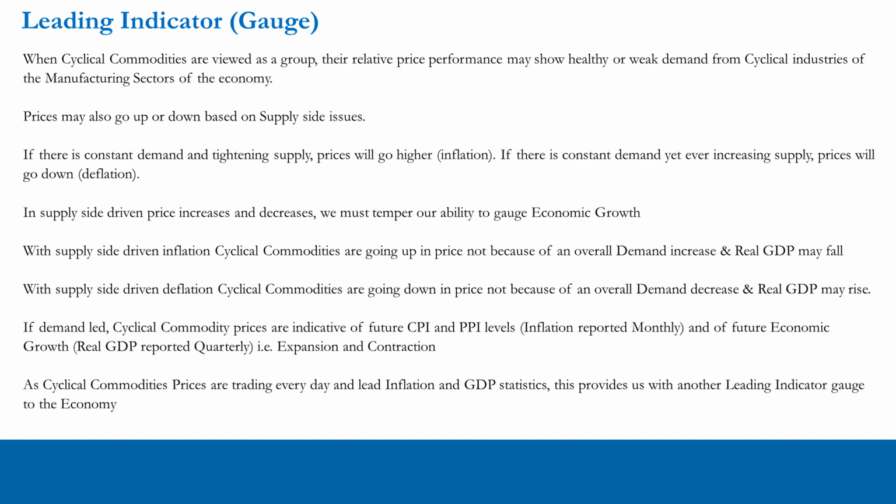So if at any one moment in time, we determine that a cyclical commodity price move is much more down to demand factors than supply factors, then it has a direct read across to economic growth and, of course, inflation. And also, because we know cyclical commodities prices are trading every day, then they are leading inflation and GDP stats. This is essentially providing us as traders and PMs with another leading indicator gauge to the economy.